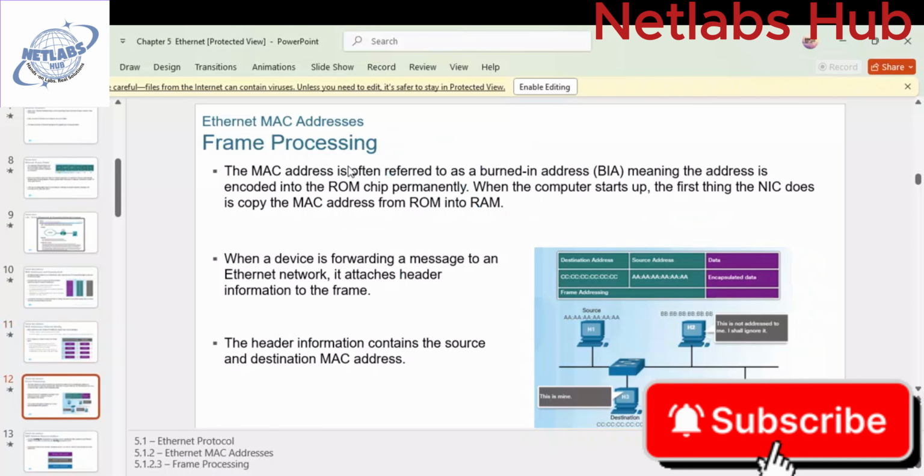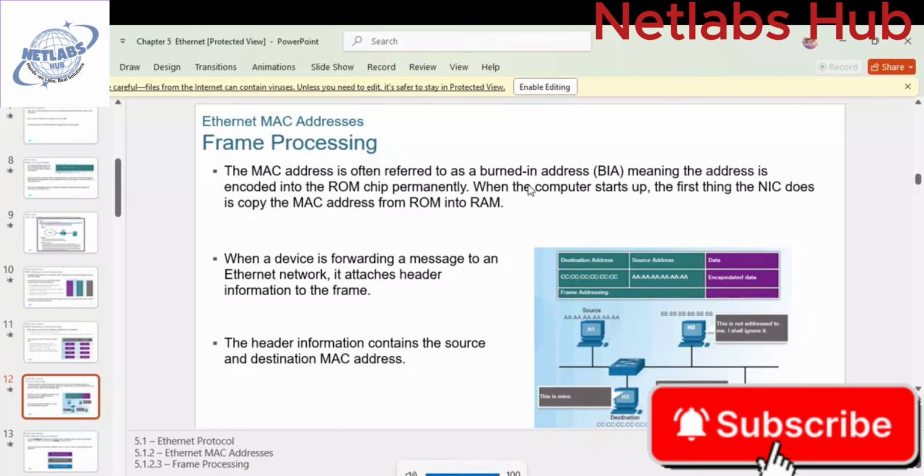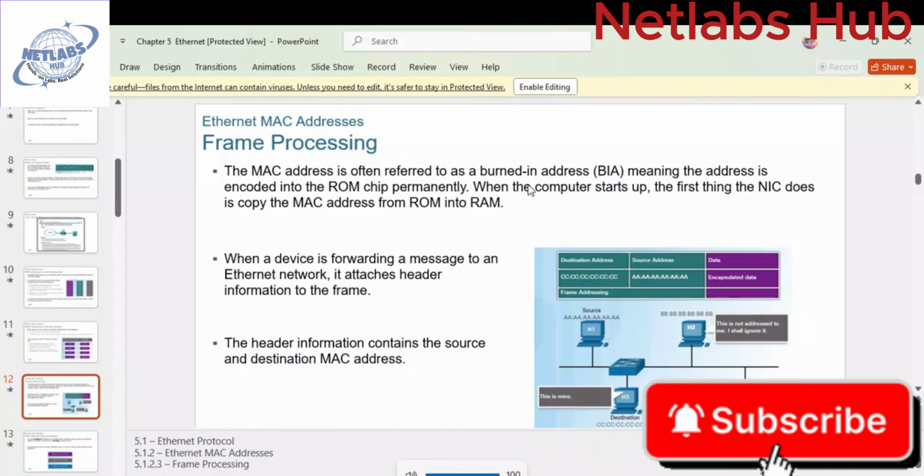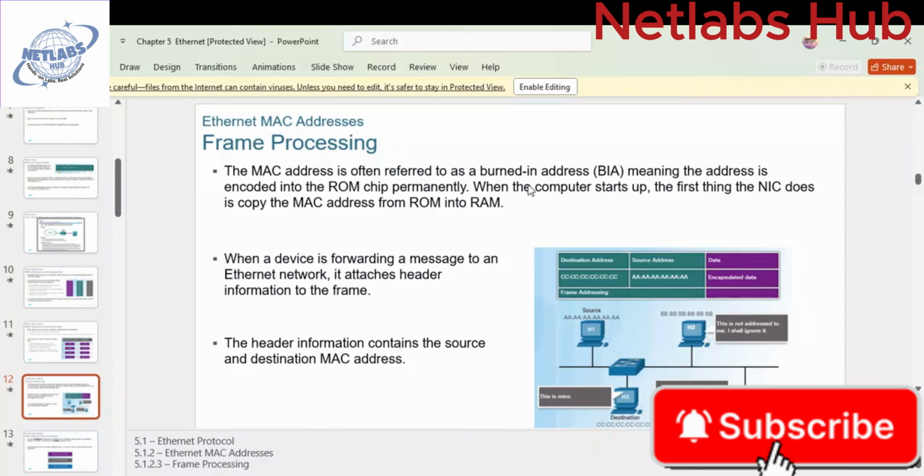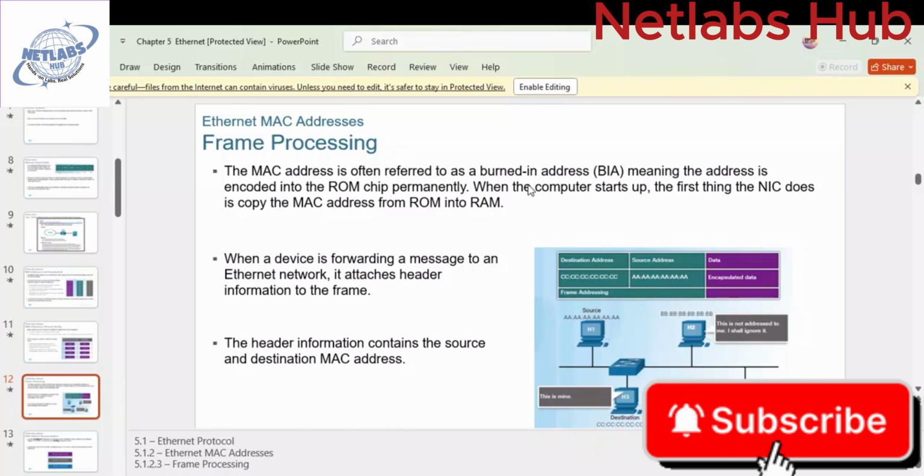So, frame processing. How is the frame processed? The MAC address is often referred to as a burned-in address, BIA, meaning that the address is encoded into the ROM chip permanently. When the computer starts up, the first thing the network interface card does is copy the MAC address from ROM to RAM, so that when a device is forwarding a message to an Ethernet network, it attaches the header information to the frame.